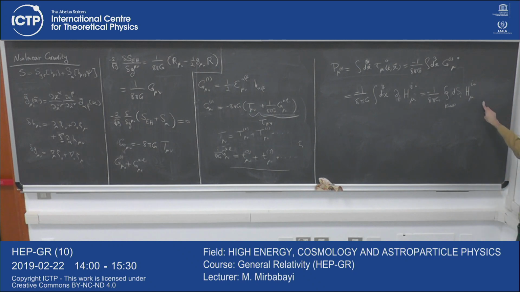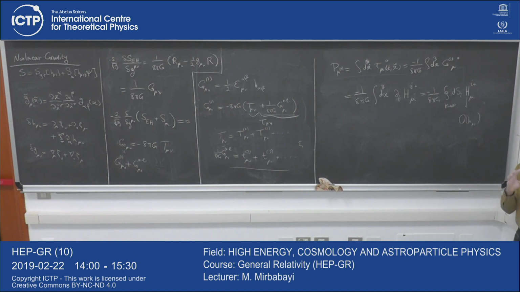Now this expression is much more tractable and useful because of the following fact. Because this h is a linear expression in h mu nu. So this is some order h mu nu object.